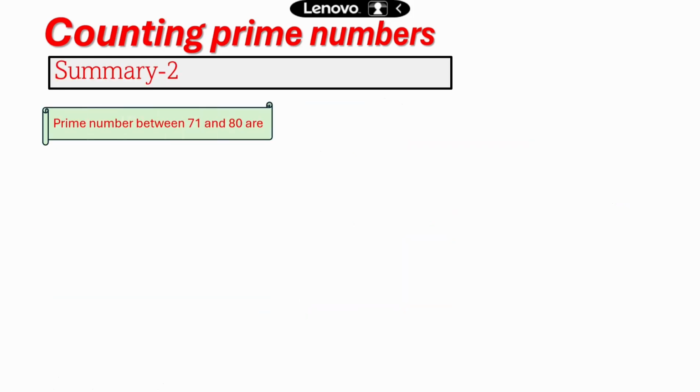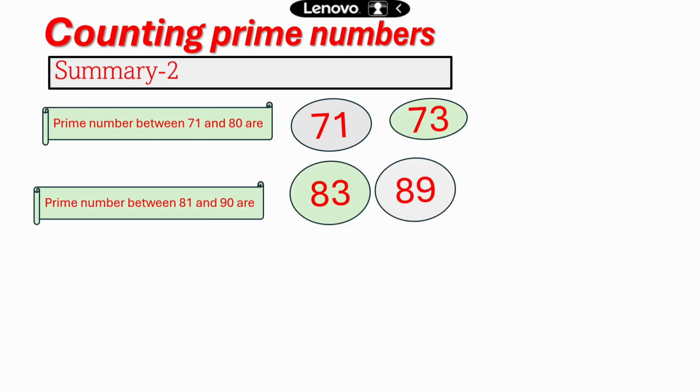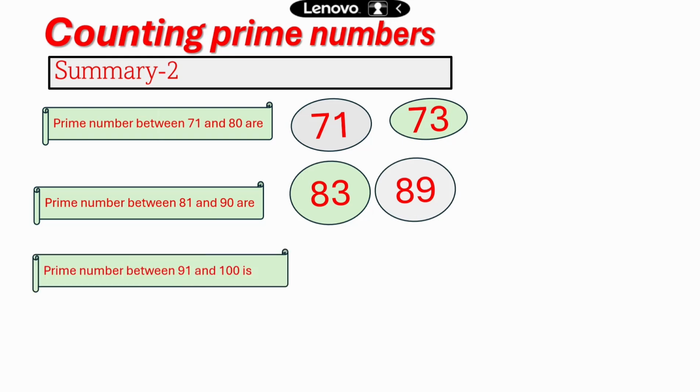From 81 to 90, we have 83, 89. And 91 to 100, we have 97. Okay, 71 to 80, we have 71, 73, and 79.